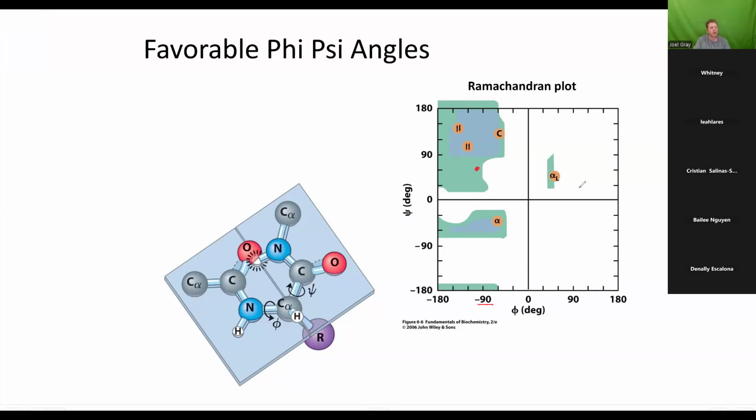Whereas if we go positive 90 to positive 60 out here in that white area, that's an unfavorable combination. What this is also helpful for is whenever a protein folds into a secondary structure, you can find the combination of bond angles that are most likely to appear there. So that's the benefit of a Ramachandran plot.